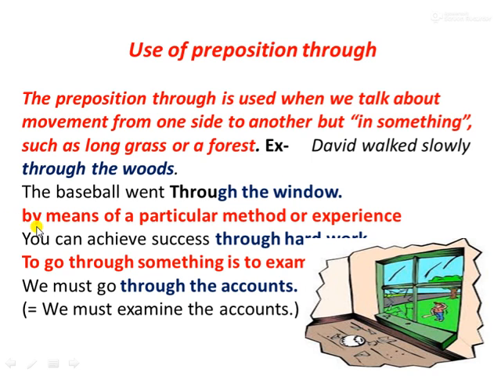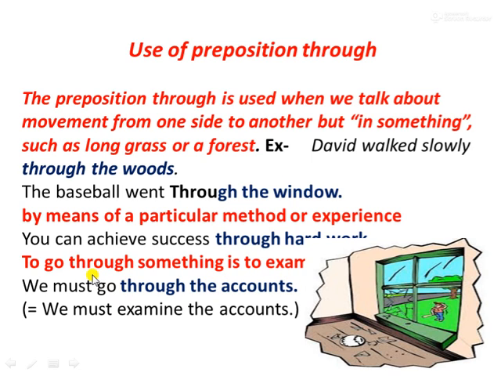It has other cases of use. That means through has another meaning, that is by means of a particular method or experience. You can achieve success through hard work. So by means of hard work you can achieve success. So it's a method, it's a system. To go through something is to examine it.